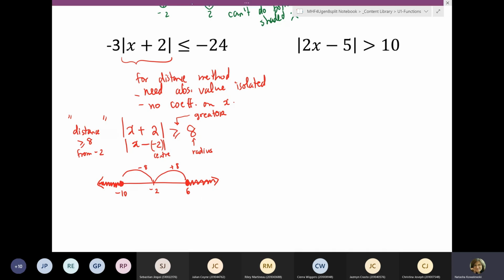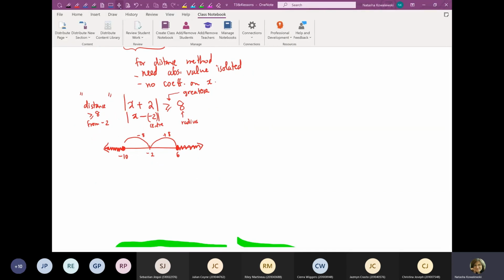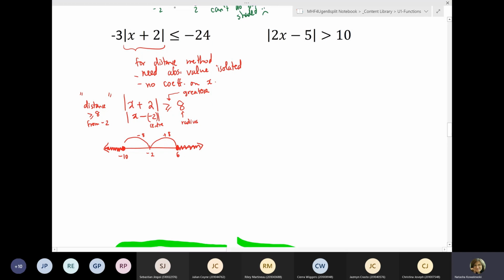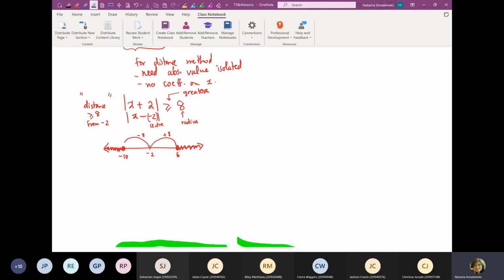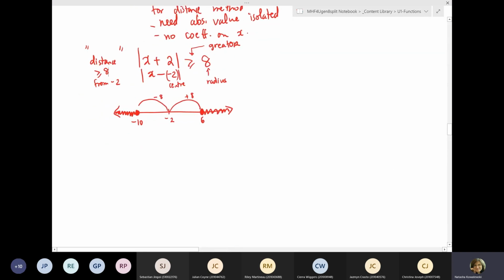If that was confusing for you, that's okay. Do it with algebra. Let's switch the color so we can do algebra in green. Give myself more room, I think. So at the point where I have x plus 2 greater than or equal to 8, split it up after you remove the absolute values. So remove absolute value, make it like a regular bracket, and then split it up.